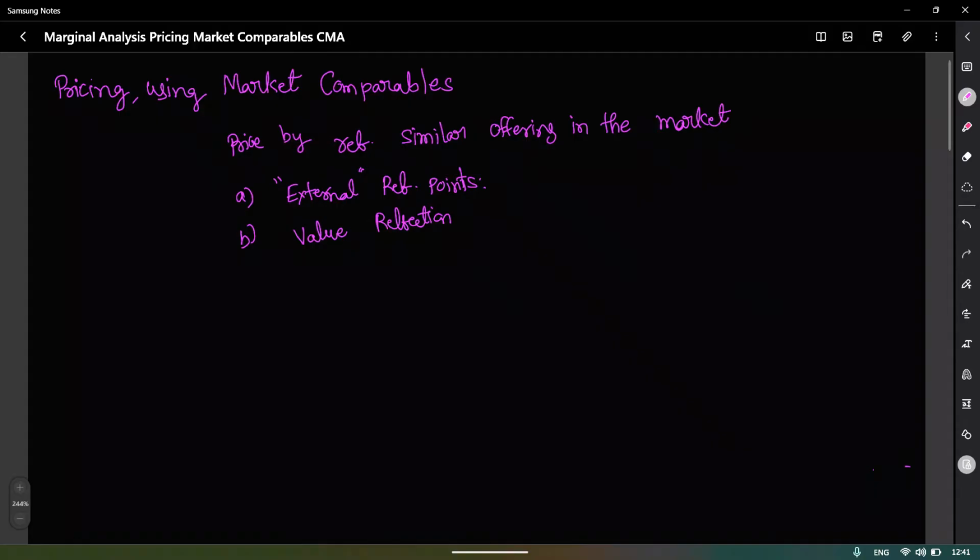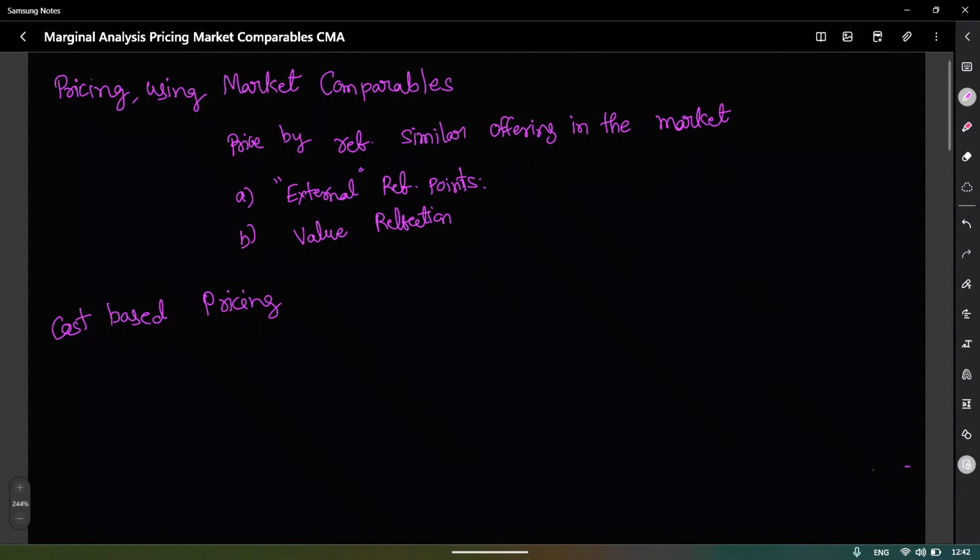What is the markup price method? Cost-based pricing is also there, that is the markup pricing. So cost-based pricing is also known as markup pricing, markup cost-plus pricing. Cost-based pricing is the second item.